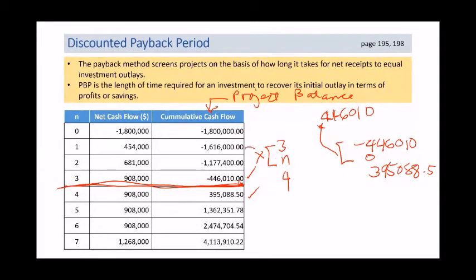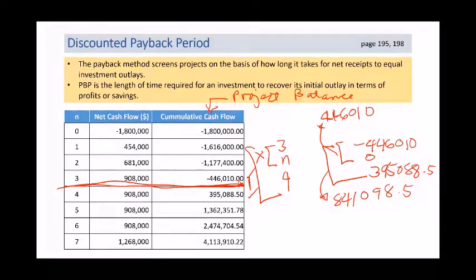Let's get the distance between 3 and 4, which is 1. And let's also get the distance between this value and the value of 4. That is 395,088.5 minus negative 446,010, so we have 841,098.5.